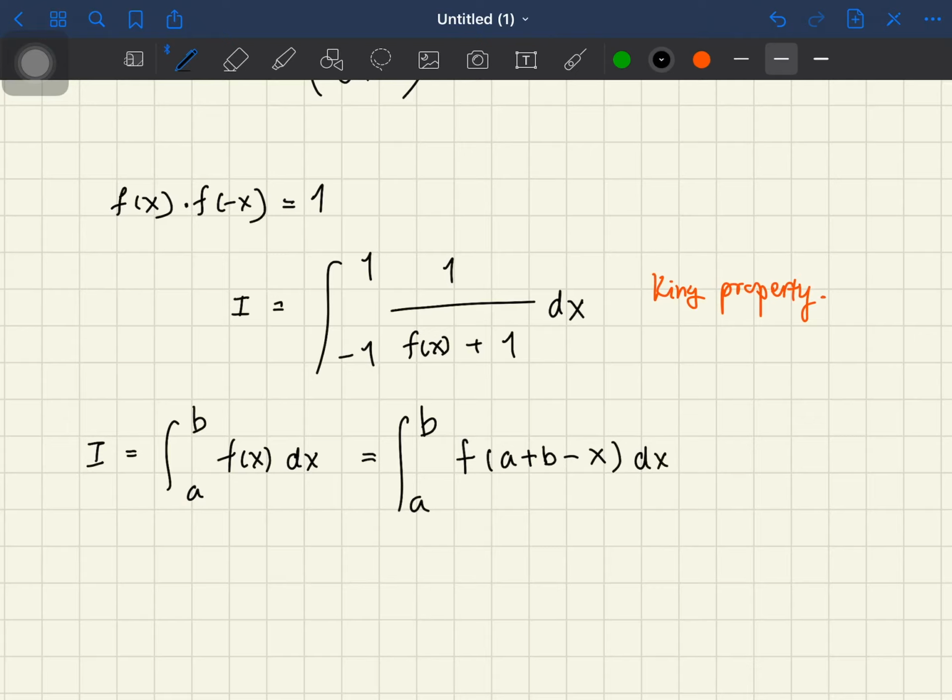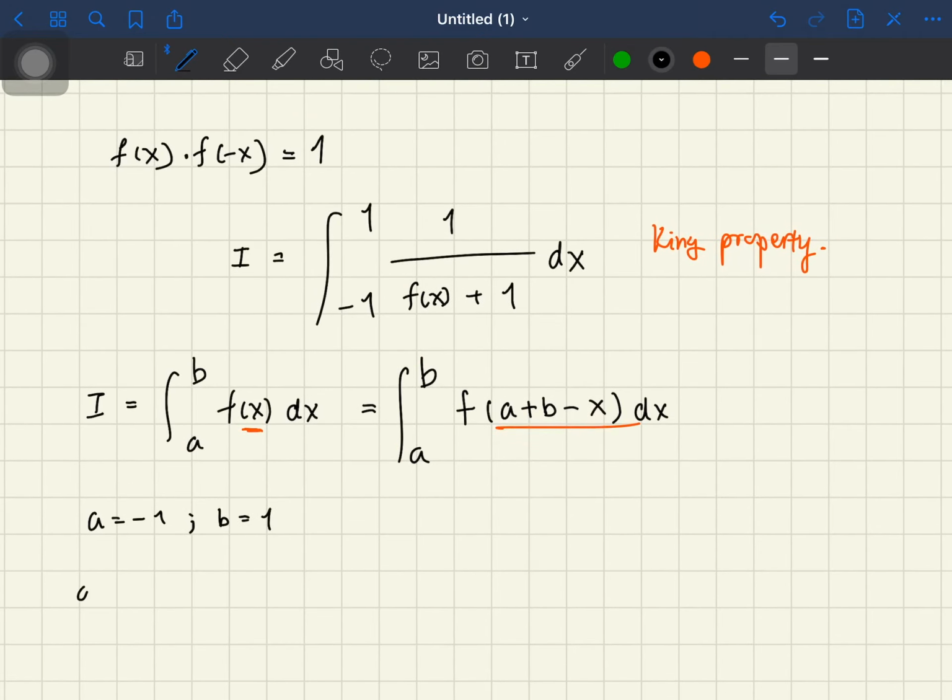As you can see, it changes from x to a plus b minus x, where a and b are just the boundaries. So we're going to use this property. We know that a equals -1 and b equals 1, so a plus b minus x equals -x.